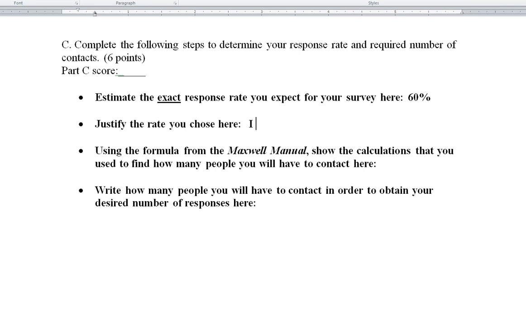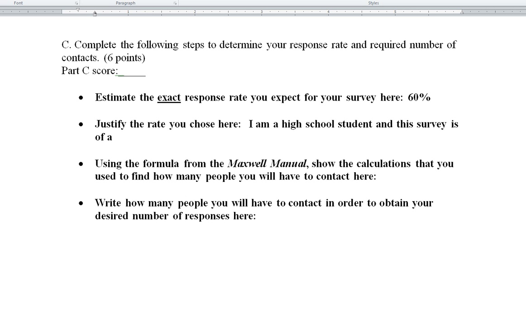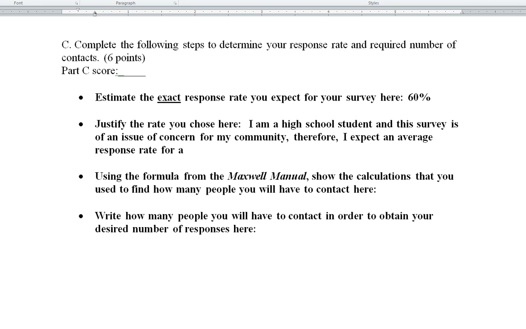I'm going to say, I'm a high school student, and this survey is of an issue of concern for my community. Therefore, I expect an average response rate for a telephone method of contact.